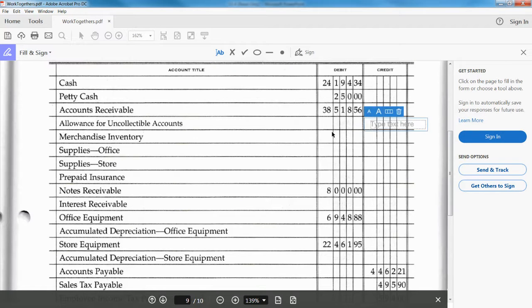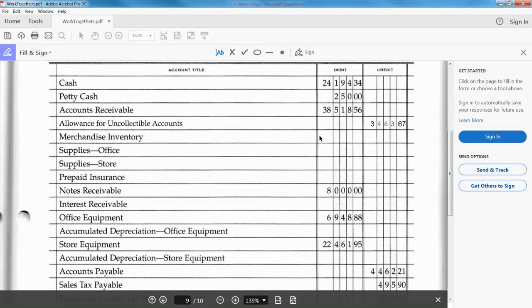So we need to go back to the general ledger and get each of these amounts. Instead of scrolling back and forth and making you dizzy, I'm just going to enter the amounts. So allowance for uncollectible accounts is $3,463.67.